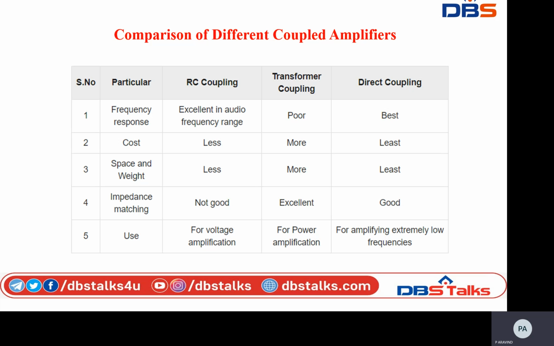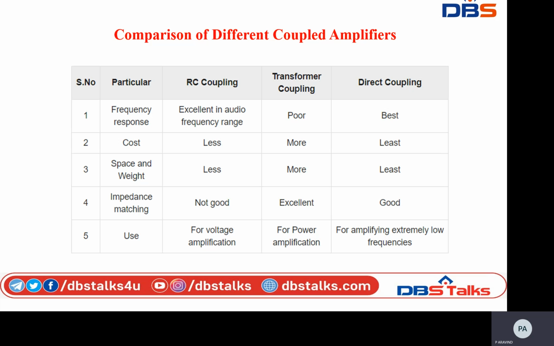The performance is excellent in transformer coupled amplifiers, then after that the direct coupled amplifier is good, and the RC coupled amplifier is not good. So the order of impedance matching is: first rank goes to the transformer coupled amplifier, second to direct coupled, and third to the RC coupled amplifier.